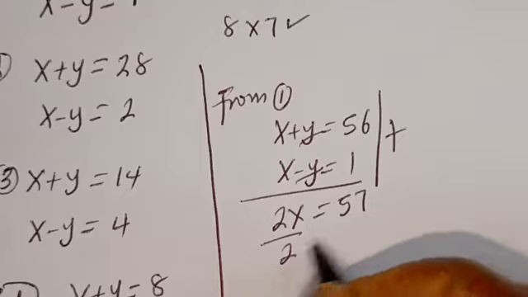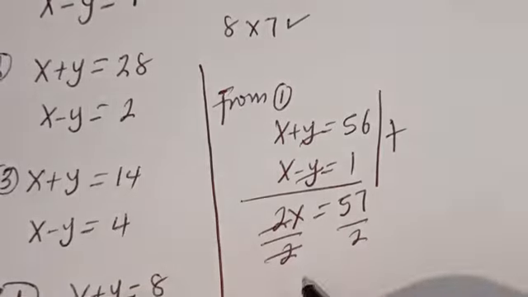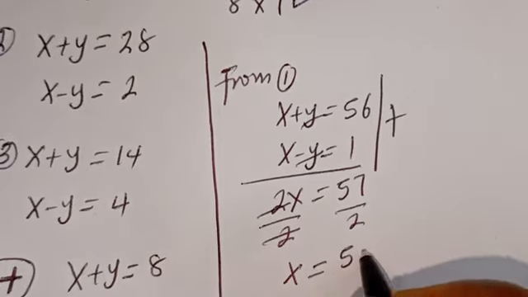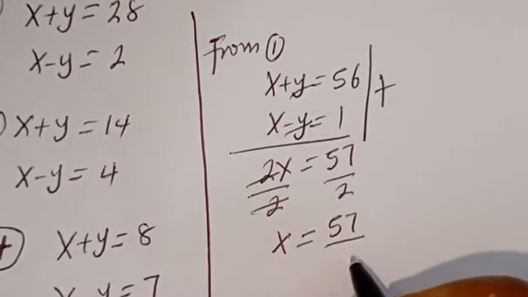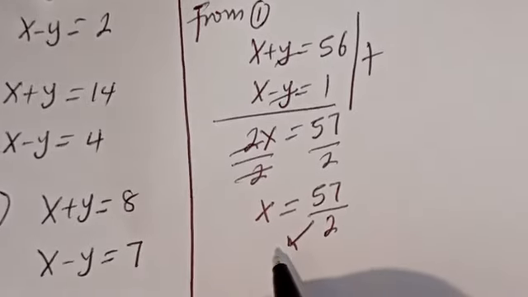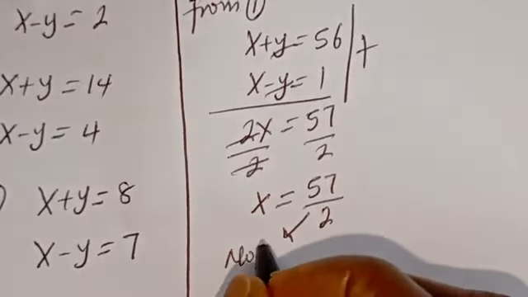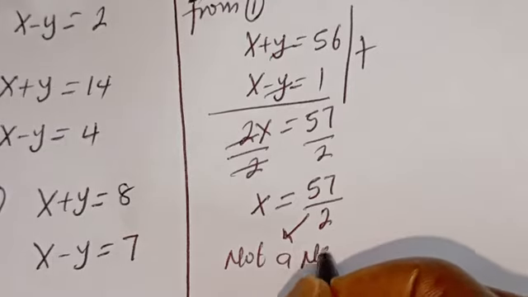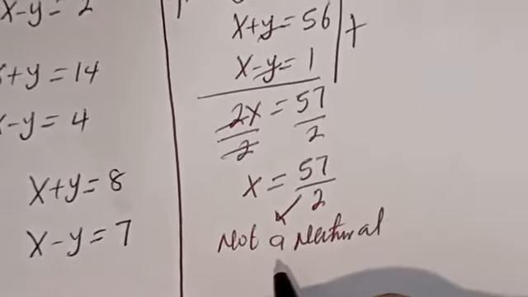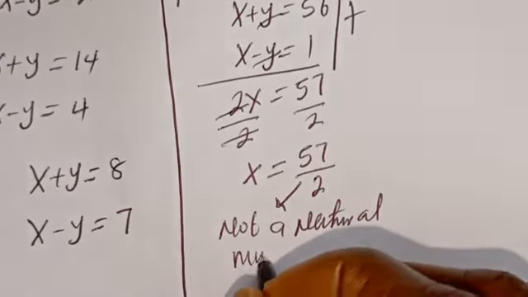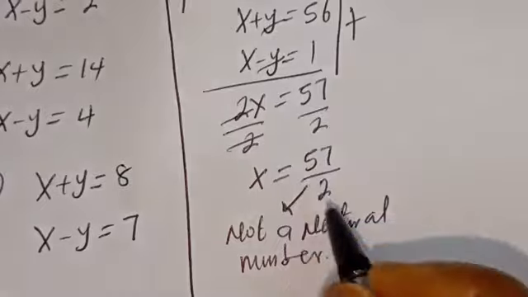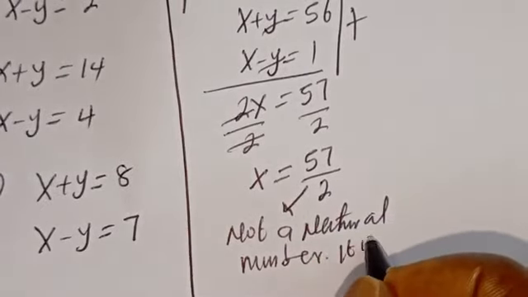Let's divide both sides by 2. This will cancel this. x is equal to 57 divided by 2. And of course, this is not a natural number. Therefore, this is rejected.